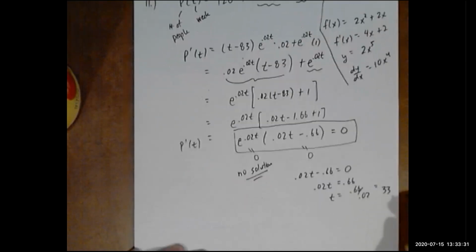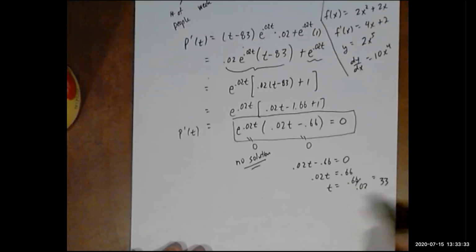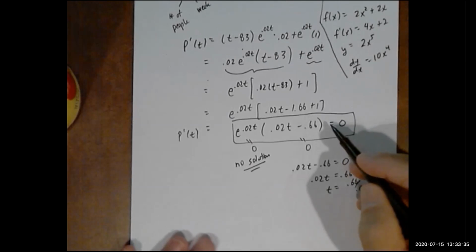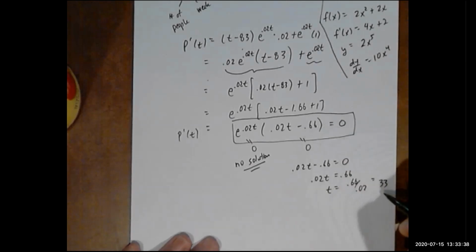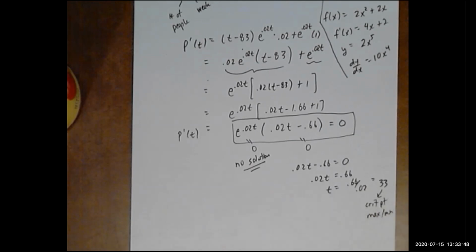So what this is saying is, this is the solution of when I set the first derivative equal to 0. This is like a critical point. It's either a max or min, but I don't know which.